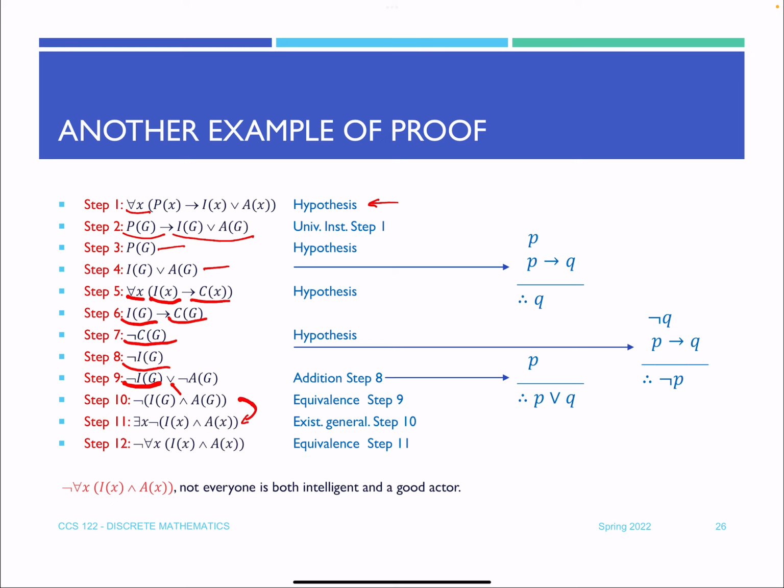Then apply existential generalization to the previous step, step 9, to step 10, I'm sorry. And we get that there exists x, for some x, it's not the case that x is intelligent and a good actor both.